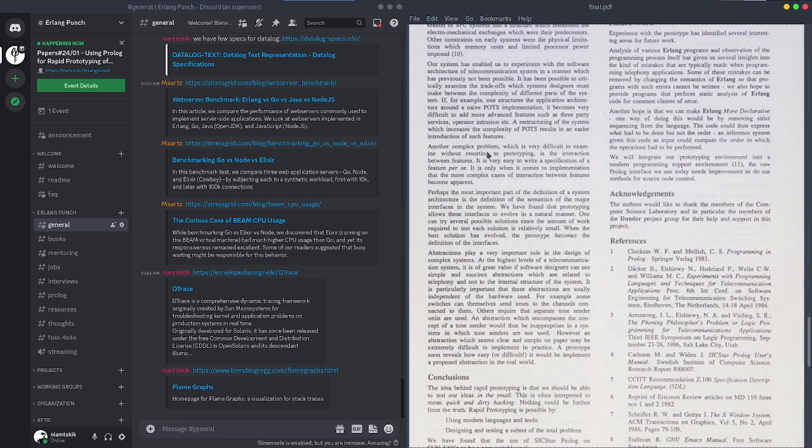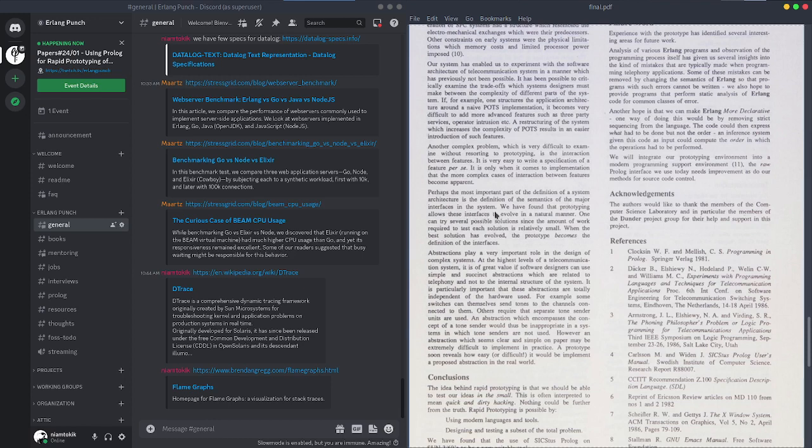Another complex problem, which is very difficult to examine without resorting to prototyping, is the interaction between features. It is very easy to write a specification of a feature per se. It is only when it comes to implementations that the more complex cases of interaction between features become apparent. Perhaps the most important part of the definition of a system architecture is the definition of the semantics of the major interfaces in the system.